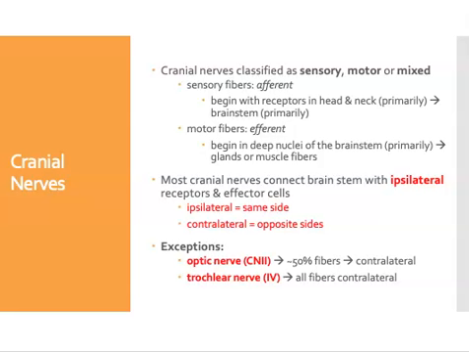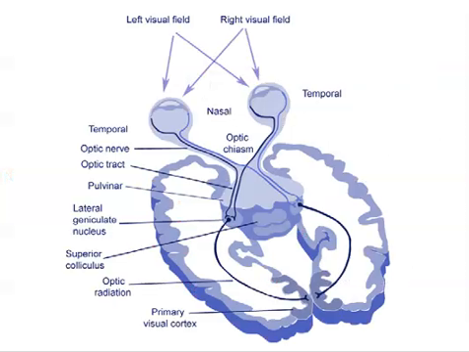One of them is cranial nerve 2, the optic nerve, and one of them is cranial nerve 4, the trochlear nerve. On this slide, there's an awful lot of terminology, but we're not going to learn most of these vocabulary words. I put the image here instead just so we can see this contralateral patterning that we see in cranial nerve 2, or the optic nerve.